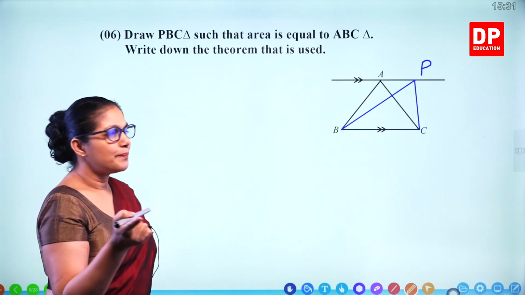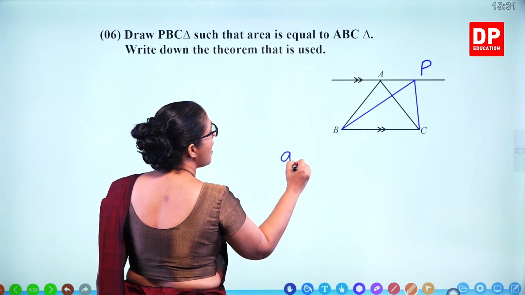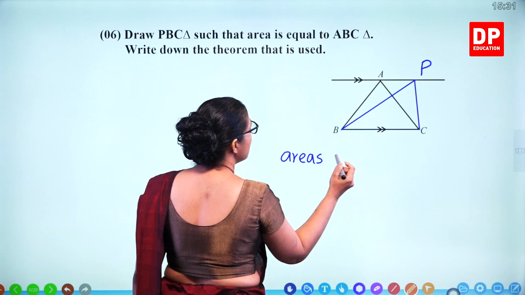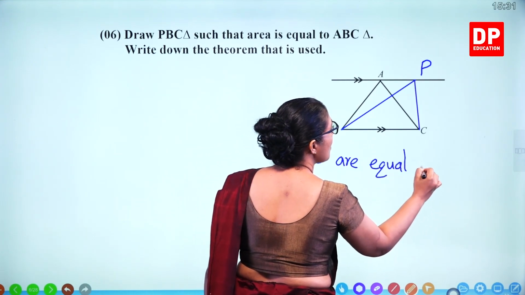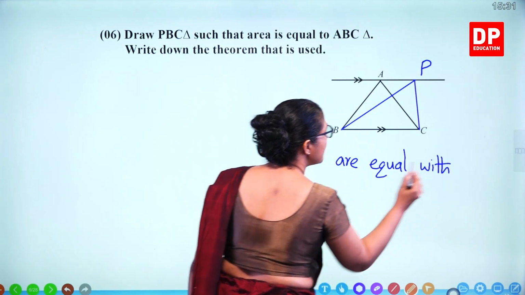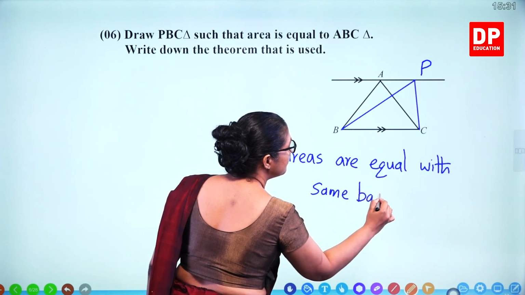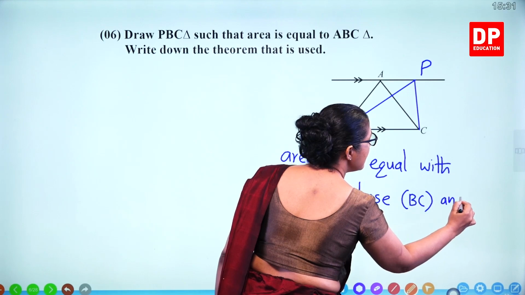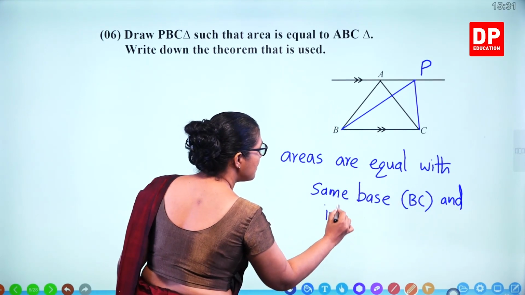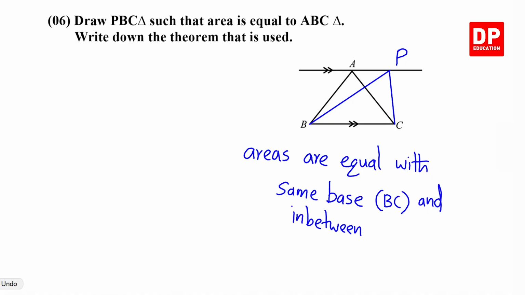So what's the theorem? Triangles with the same base, here BC, and in between the same parallel lines, have equal areas.